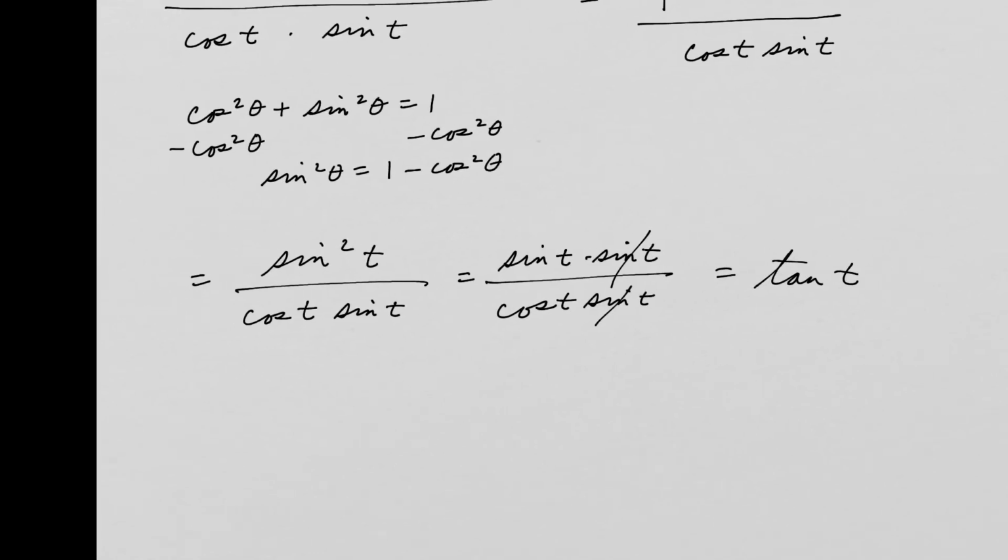Okay, here's another one. Let's say we have 1 plus cotangent of t over 1 plus tan of t. I want to simplify that and rewrite it as a single trig function with no fractions at all.